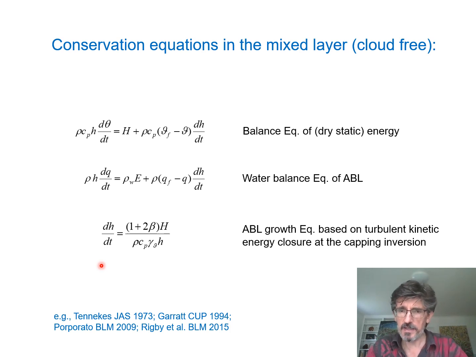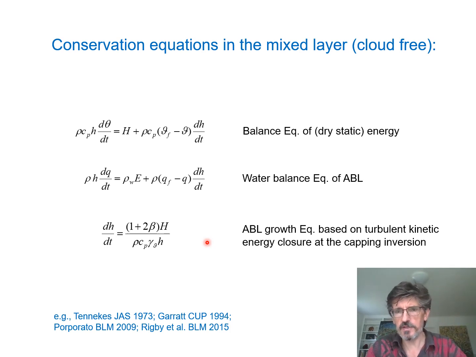The third equation is the growth equation itself, how fast the boundary layer grows. This is related to how energy input at the surface, given by the sensible heat, produces buoyancy, turbulence, and then makes the boundary layer grow. The equation is relatively simple, but it comes out of a relatively complicated turbulent kinetic energy closure at the capping inversion.